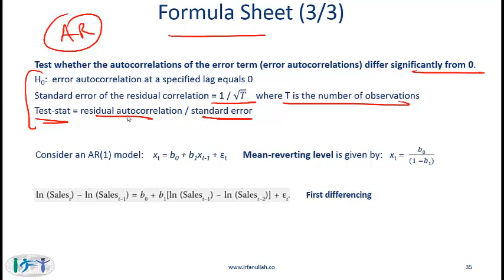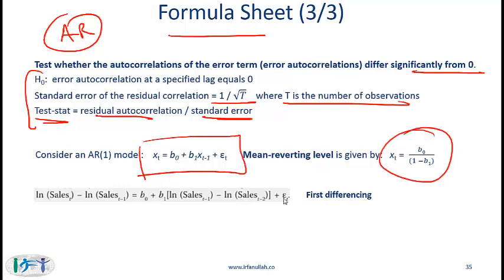And all this will be given in your regression output. If you have an AR model like this, this is the formula for the mean reverting level. Remember that. And when you have a unit root problem, then you need to take a difference, and this is called first differencing.